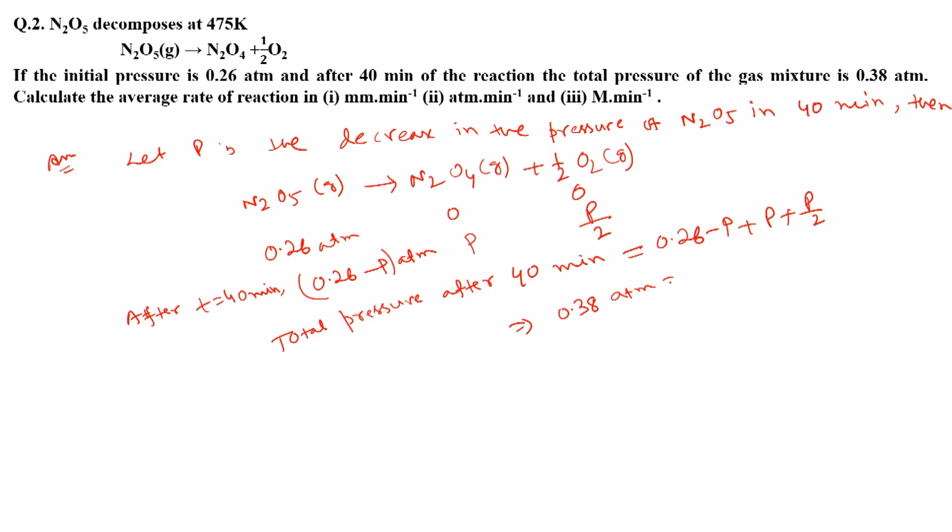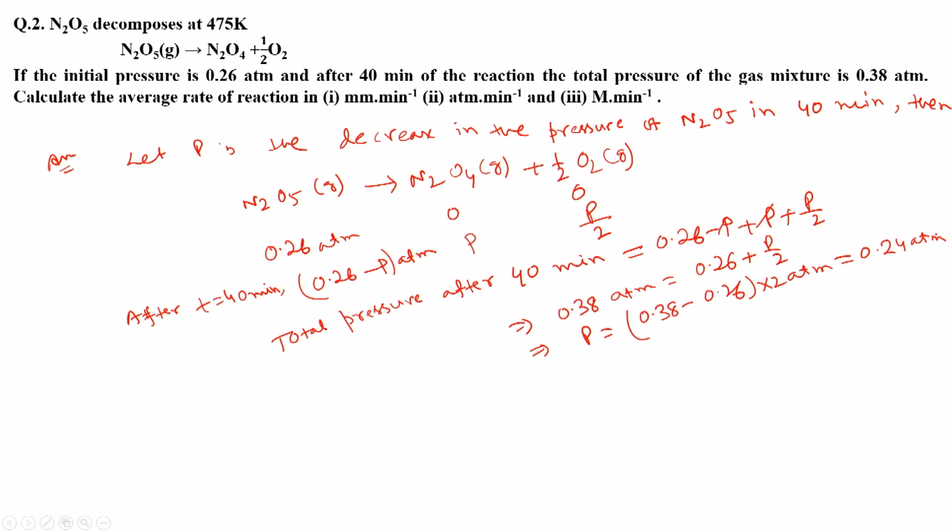So this P gets cancelled, so 0.26 plus P by 2. So we get P is 0.38 minus 0.26 times 2 atmosphere. So you get 0.24 atmosphere.